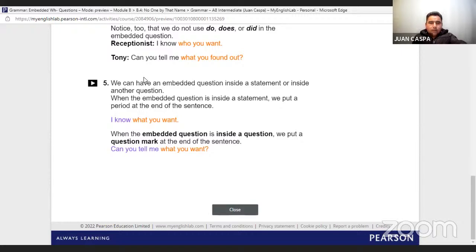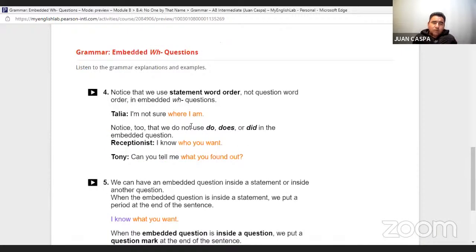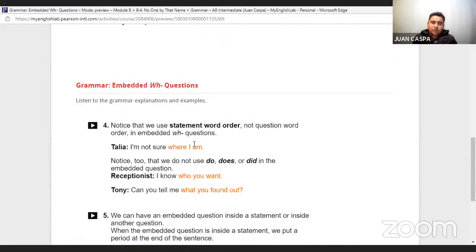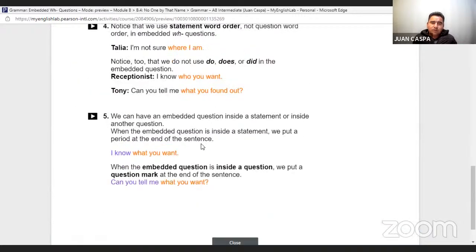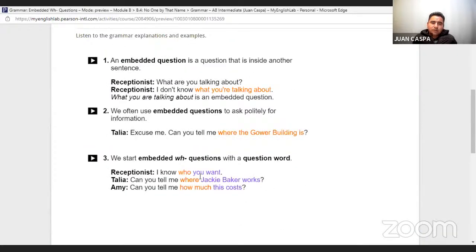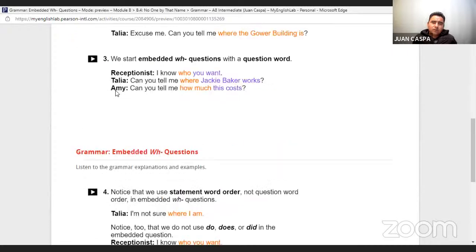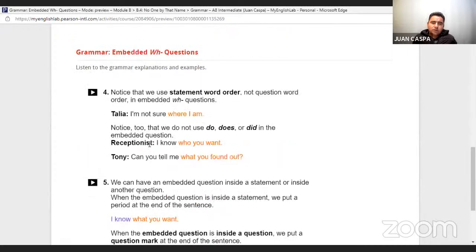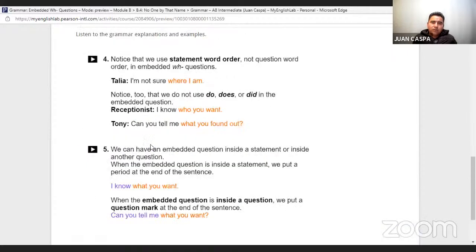Okay. As you can notice, embedded questions are usually in the middle, right? But sometimes we use them with the past participle of the verb, not like the normal questions, but sometimes we use them with more arguments.